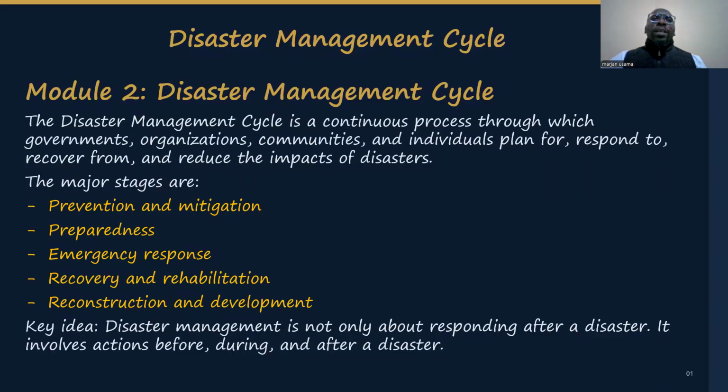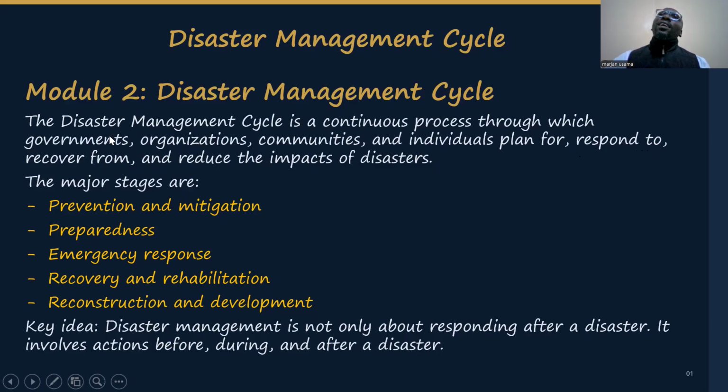Now, number one, as we start, is to define the disaster management cycle. So what is the disaster management cycle? The disaster management cycle is a continuous process through which governments, organizations, communities, and individuals plan for, respond to, recover from, and reduce the impacts of disasters.